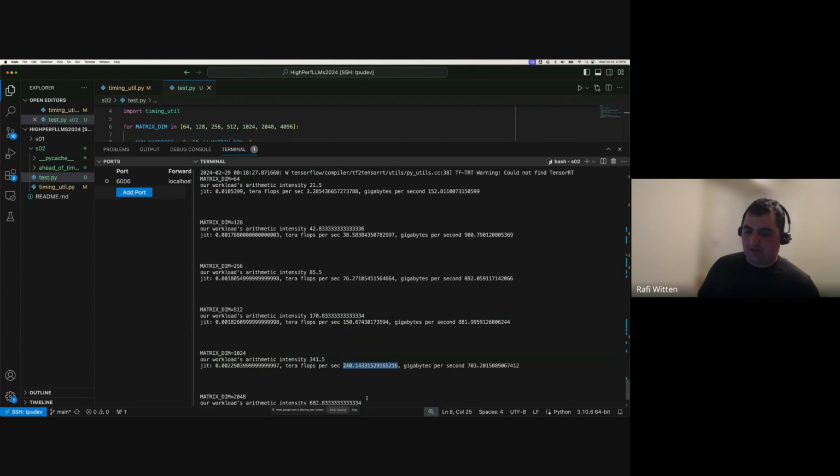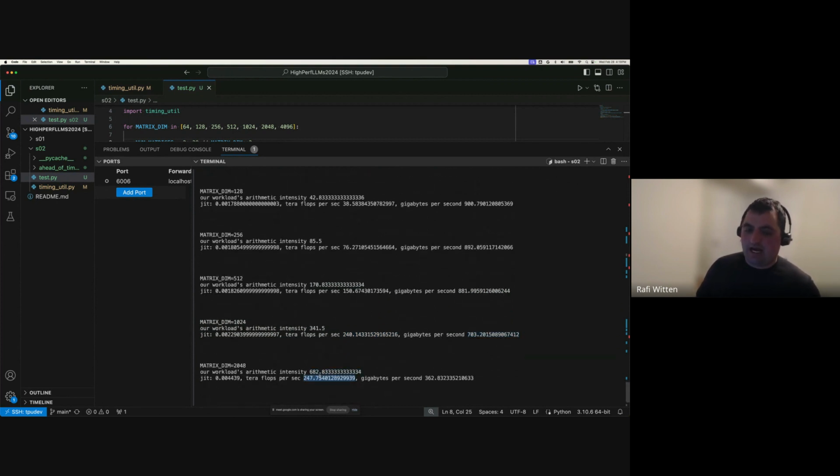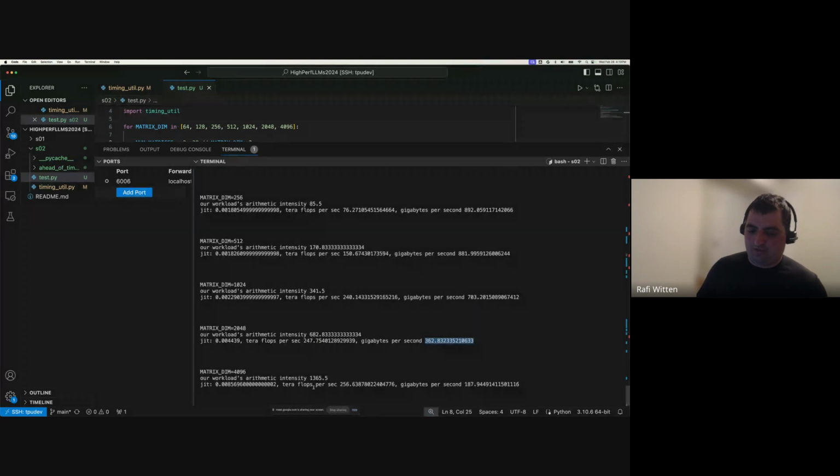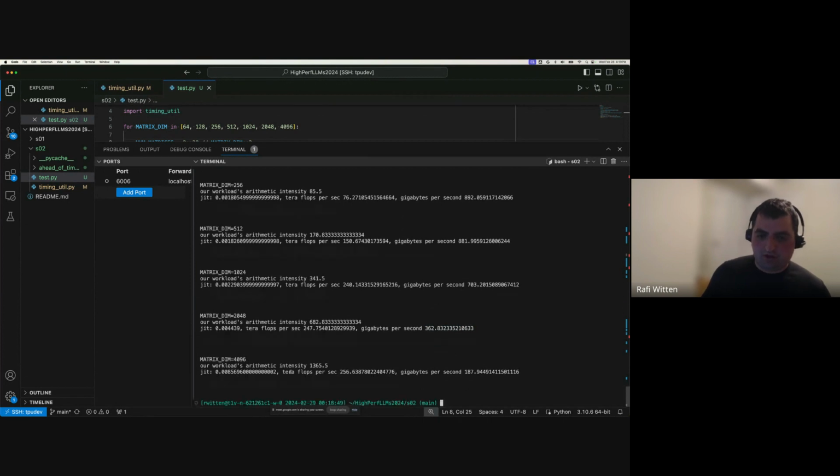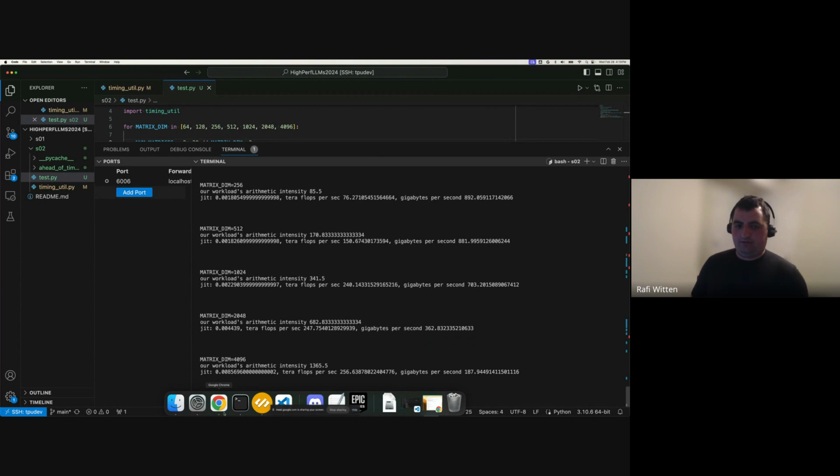Now we're pretty close on teraflops, but our bandwidth starts to drop. And as we keep going higher, our teraflops per second keeps going up, but our bandwidth per second goes down. As the workload arithmetic intensity grows, we switch from being bandwidth bound to flops bound. Cool. So that's really what I'm trying to highlight here.